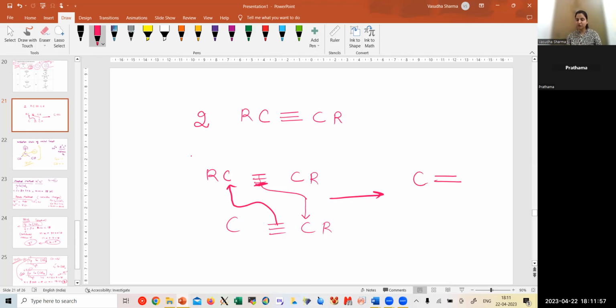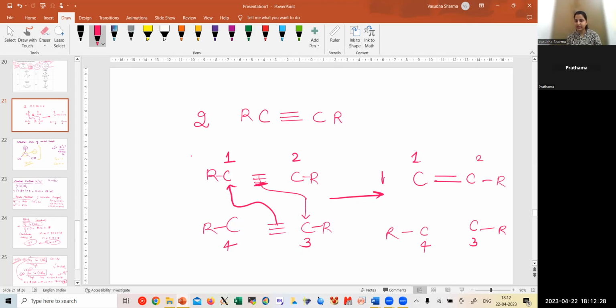If I give the symbols 1, 2, 3, and 4, this one has a substitution of R, and this is the 4th carbon. Now one bond is newly formed between 2 and 3, and another newly formed between 1 and 4. The earlier triple bonds between 1 and 2 and between 3 and 4 have been reduced from 3 to 2. So now this is 1, 2, 3, 4 with R.